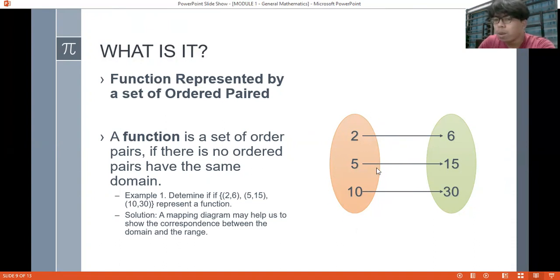We have 2, 5, 10. Is there any repetition of numbers here? Okay, very good. None. Because 2, 5, and 10 are different from each other. That is why we call this set of ordered pairs a function. Okay, next.